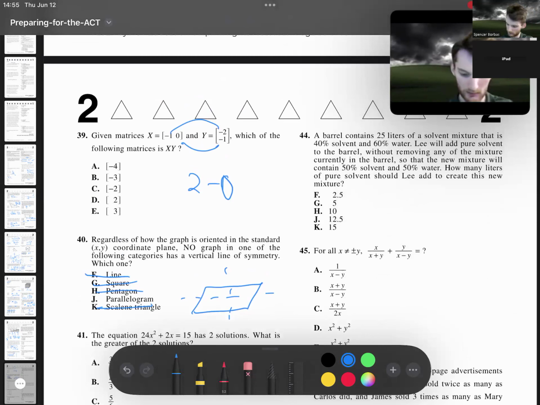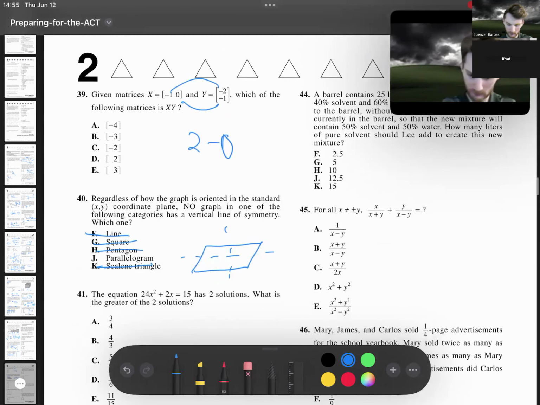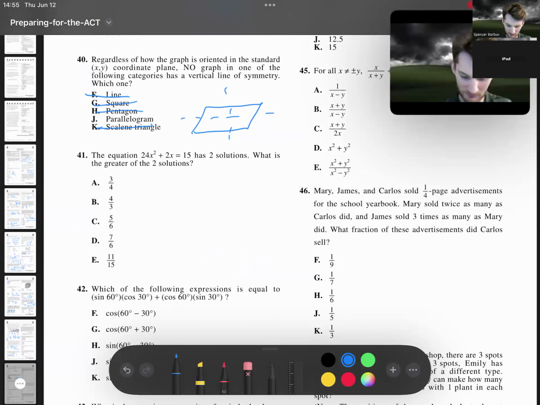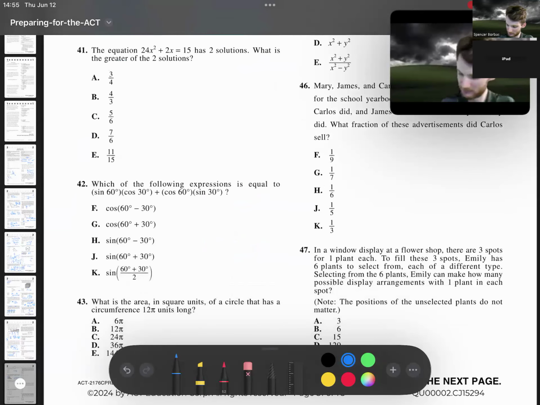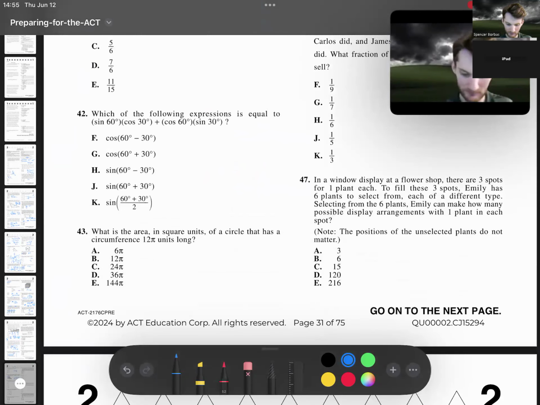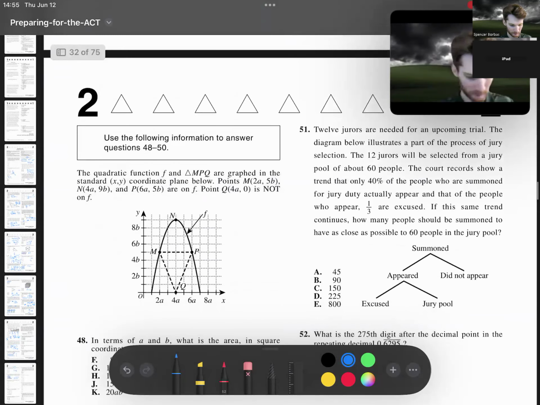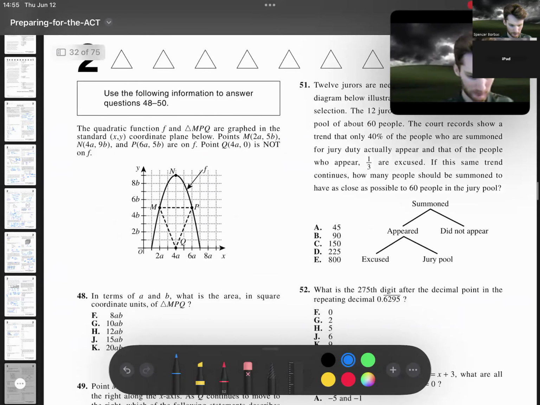Barrel, no, nope. All right. Nope, nope. How much time do I have left? 17 minutes.